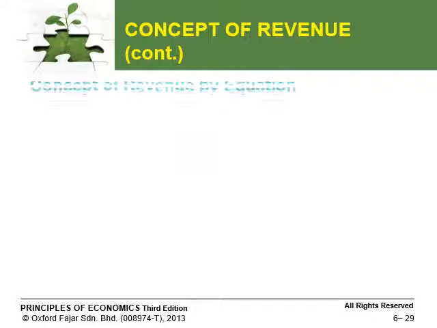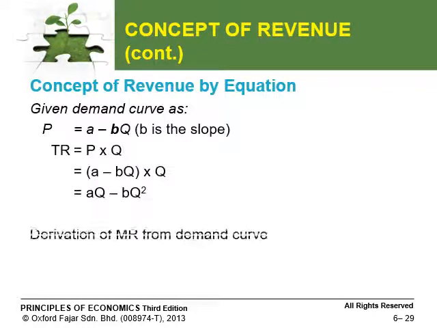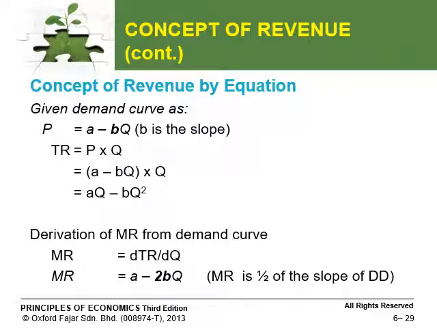Okay, this is a formula and equation for how to measure revenue based on the graph. If you see the straight line of the graph, you can use this formula to find out your price value. After you get the price value, you can multiply it by the quantity in order to get the total revenue.